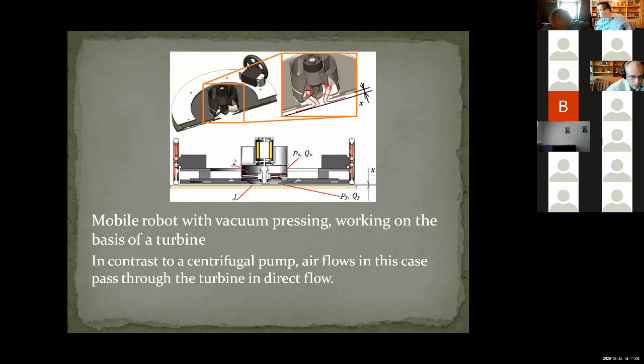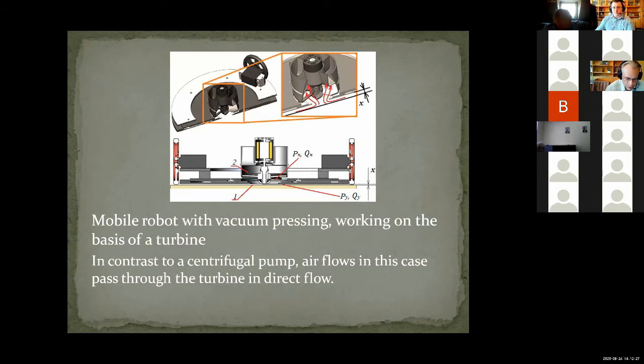Another design of the vacuum contact robot involves the use of a turbine. The design of this robot is similar to the design of a robot with a centrifugal pump, with the exception of the vacuum generation device. The movement of air flows between the robot body and the pressing surface is schematically represented by arrows.